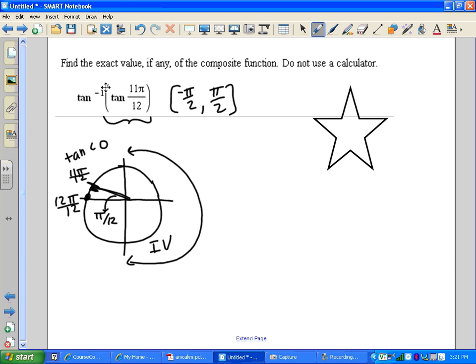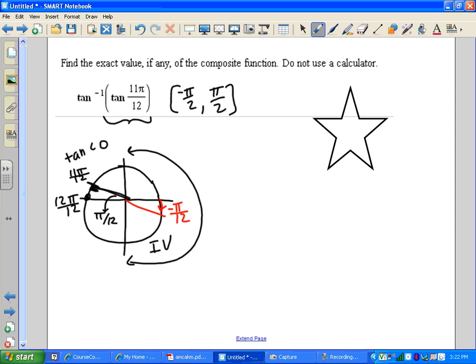So for tangent to be negative, it would have to be in the fourth quadrant, and so I would draw a reference angle there. Notice that since it's going in this direction, and we've said this before about the fourth quadrant, this would have to be negative. So this would be a negative pi over 12 right there, and that's where that angle is going to be.